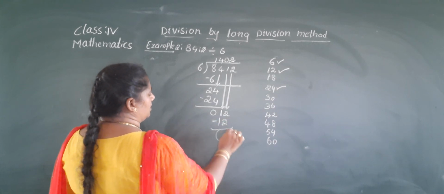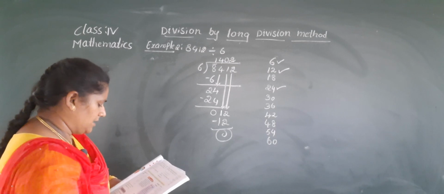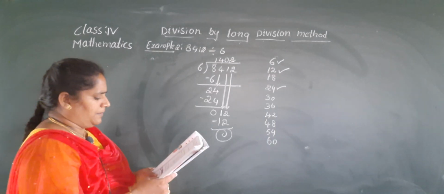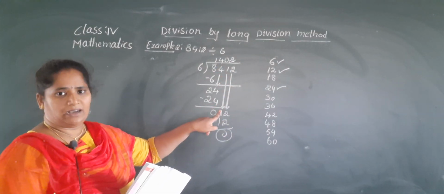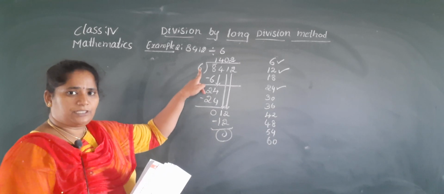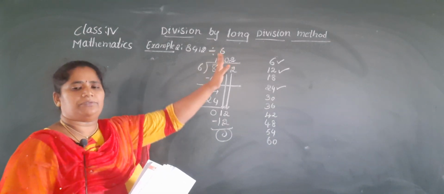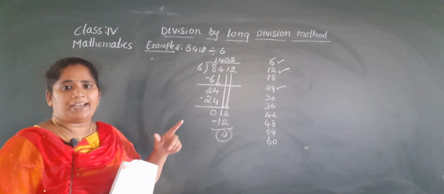So my dear children, here you must be very careful. Don't forget to write a 0 in the quotient when you have to bring down the extra digit. That means here 1 first you take down, but here 1 is not divisible by 6, so you keep 0 in the quotient's place. Next you take down the next digit. But don't forget to keep the 0.